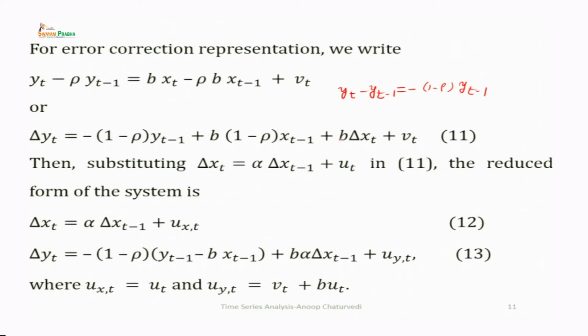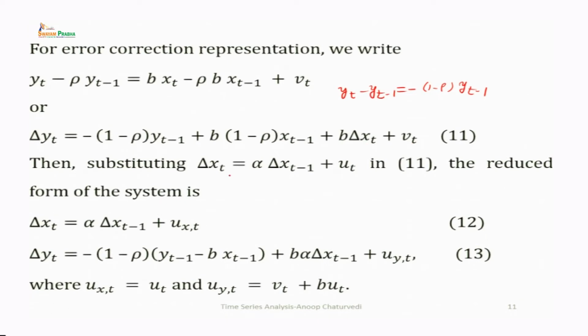So, you get plus b delta x t here, b x t is already here, then you get b x t minus 1 also. You are adding b x t minus 1, so you have to subtract b x t minus 1. So, you get b delta x t plus v t.